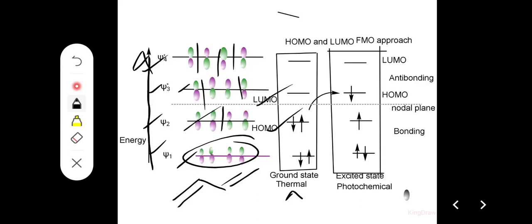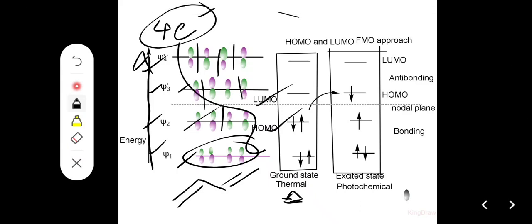When thermal heat is used, that is the normal case. In that case, the 4 electrons go to the bonding molecular orbitals, psi 1 and psi 2. So psi 2 is the HOMO in that case.